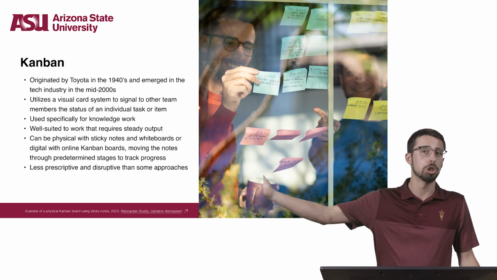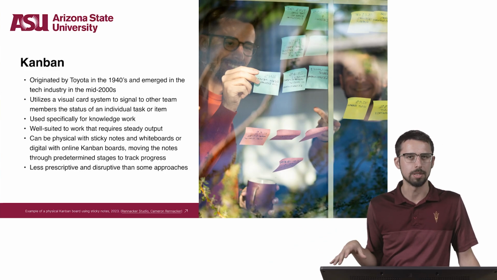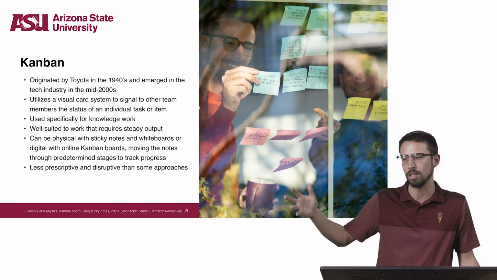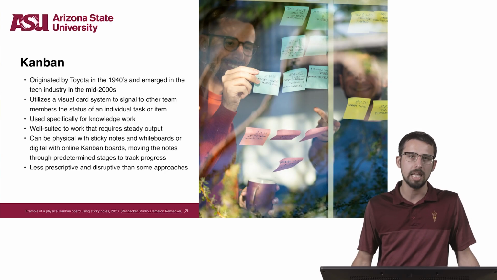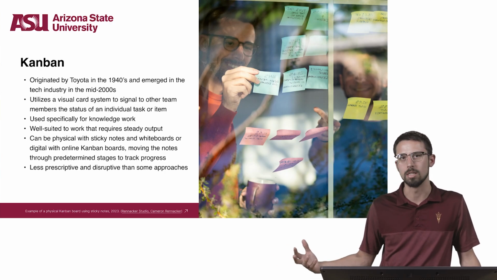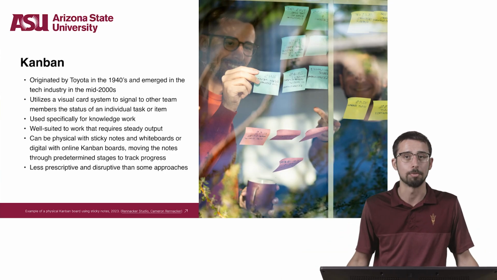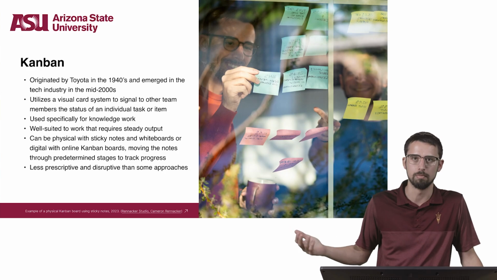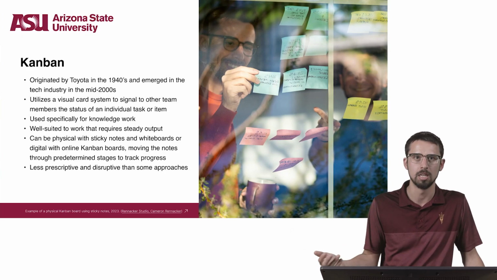It emerged in the tech industry around the mid-2000s, so around the same time as the Agile Manifesto, as an alternative to the Agile methods that were prevalent at the time. And today, this visual approach to managing projects is really well suited to work that requires steady output.